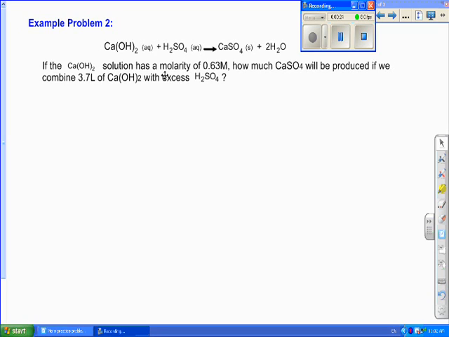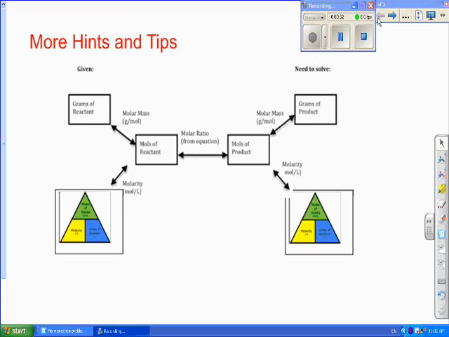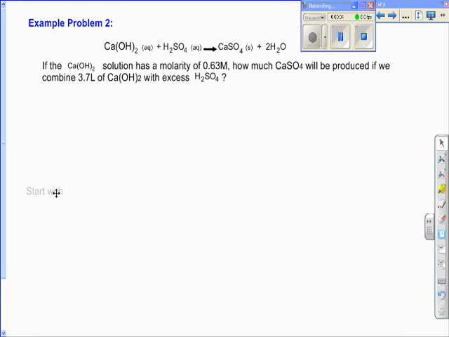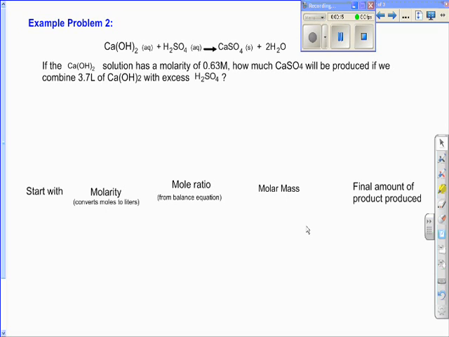This extra information in the front is just telling you the molarity of the solution so that we're able to use that as our converting factor. If we go back to our chart, if we're starting with liters, we're going to start here. So from that front sheet, we saw that we want to take what we're starting with, and we're going to use molarity. We're then going to use the mole ratio, and finally use the molar mass to find our final amount of our product produced.